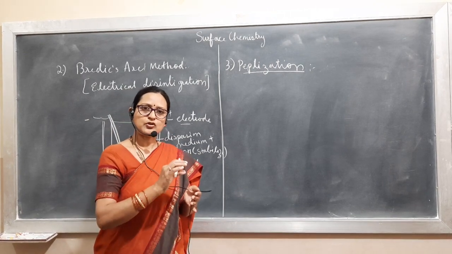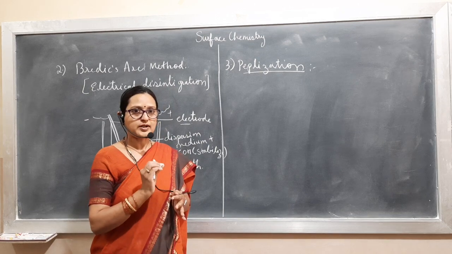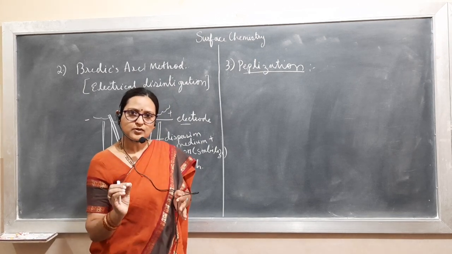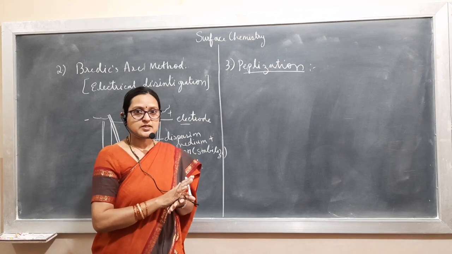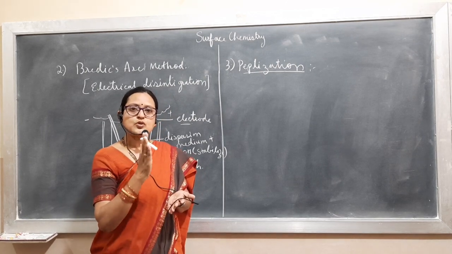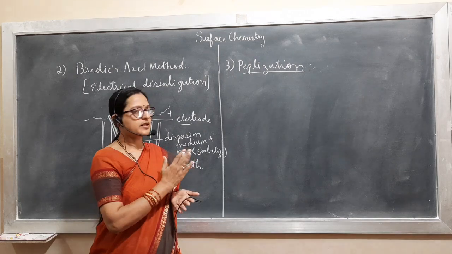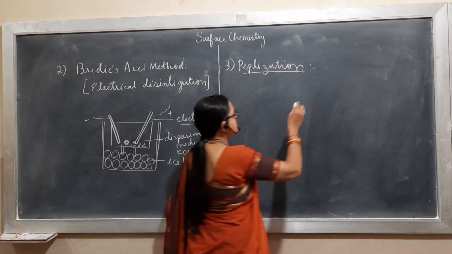By adding some amount of electrolyte and shaking, what happens is the ions of the electrolyte go and adsorb on the precipitate, and due to this, the precipitate molecules break down into colloidal sol. So what is peptization?